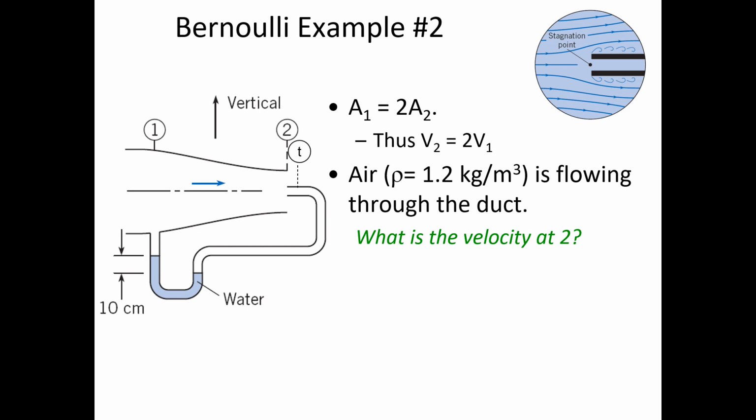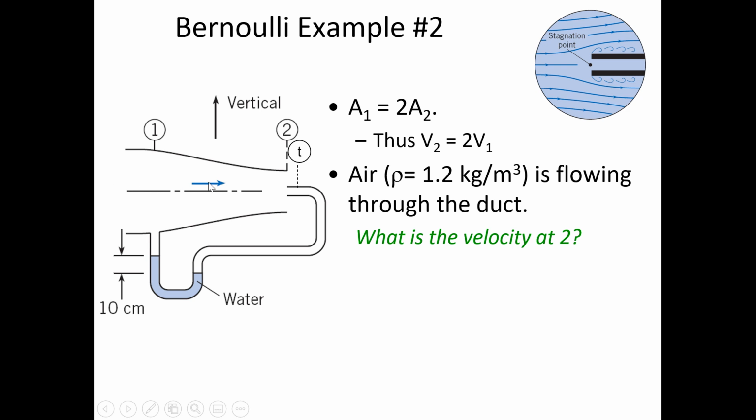A2 divided by A2 V2, so the velocity, oh, I forgot the V1 term there. So 2 V1 is equal to V2. Right. You have to have double the velocity when the cross-sectional area is half.